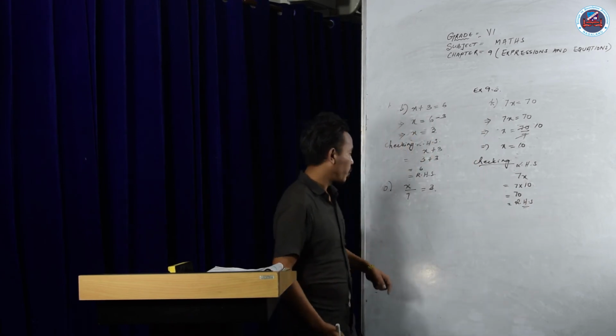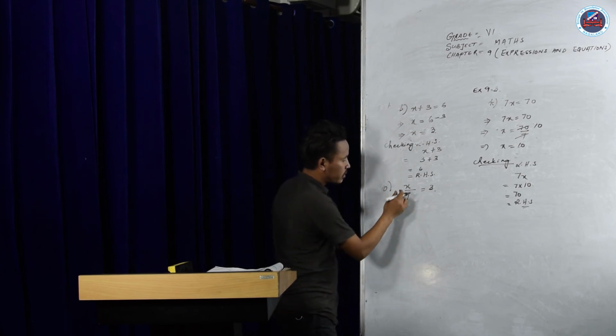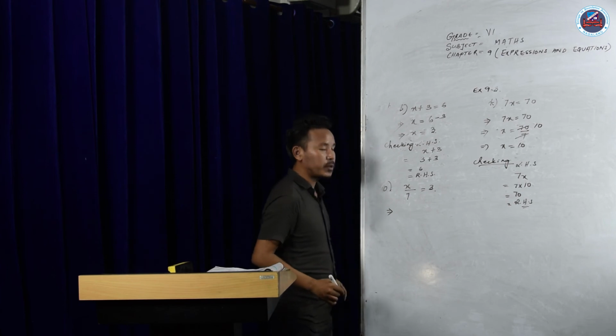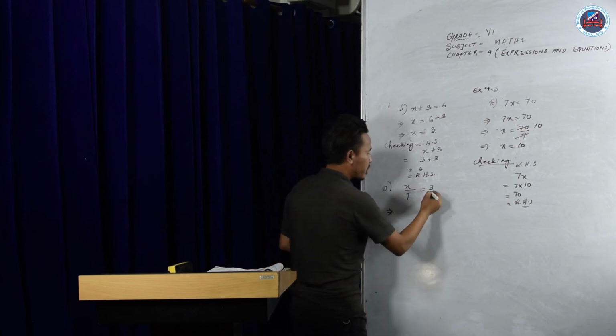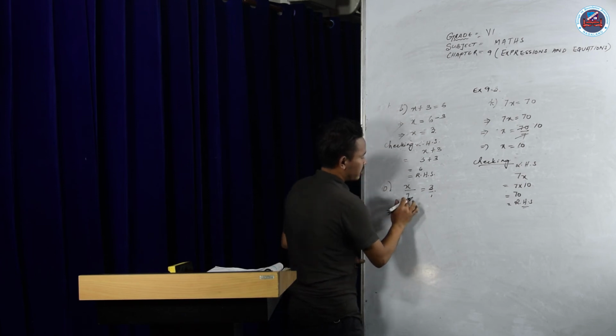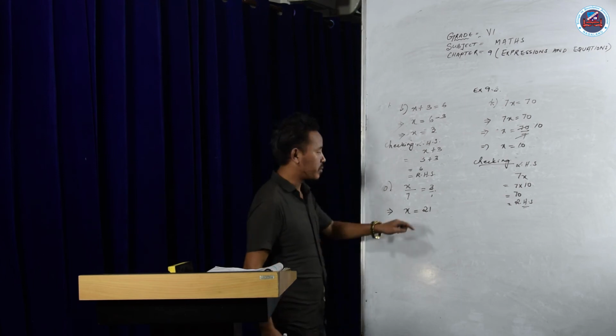Correct? Now, this is question number O. As you can see here, x divided by 7 equals 3. So what we do here is cross multiply, right? Let's cross multiply this. x into 1 gives us x, 7 into 3 gives us 21, right? It's very short.